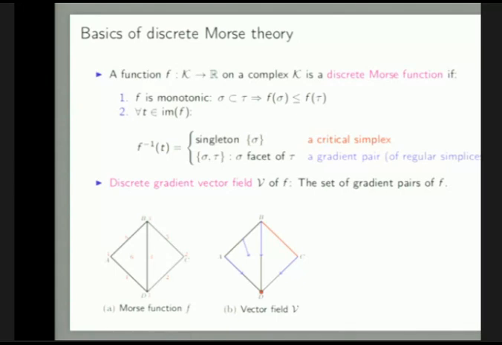And once all your pre-images are either critical simplices or gradient pairs, you look at the collection of all the gradient pairs, and this collection essentially gives you what's called the discrete gradient vector field associated to the function f. So this is all you really need to know about discrete Morse theory, more or less, to understand this talk.